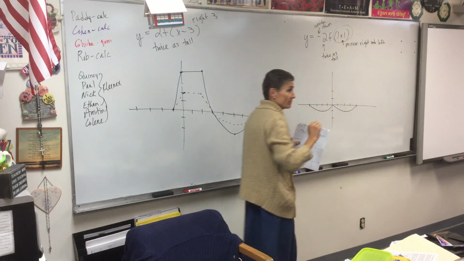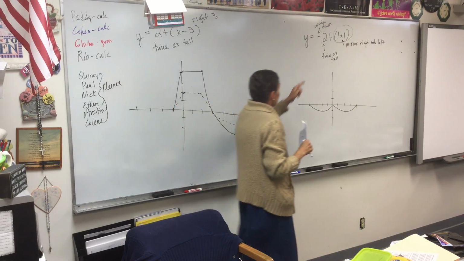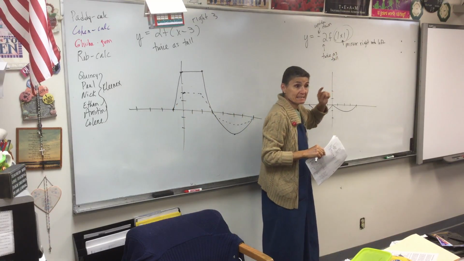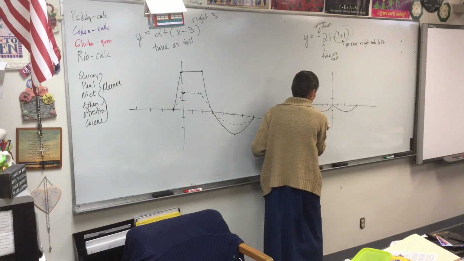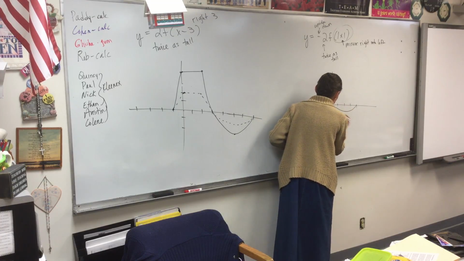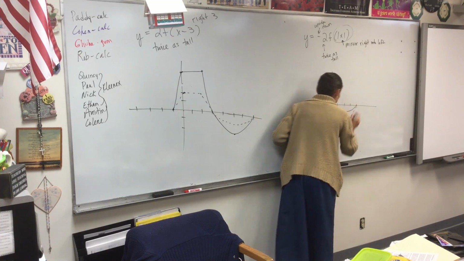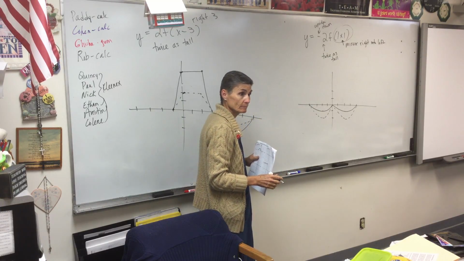That's taken care of now. But I need it to be twice as tall. So instead of just going down to 1, these little circles are going to go down to 2. So now it's twice as tall.